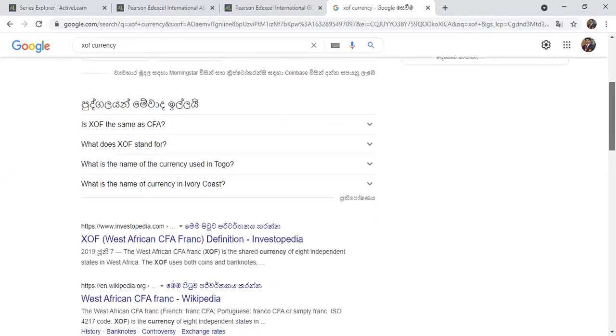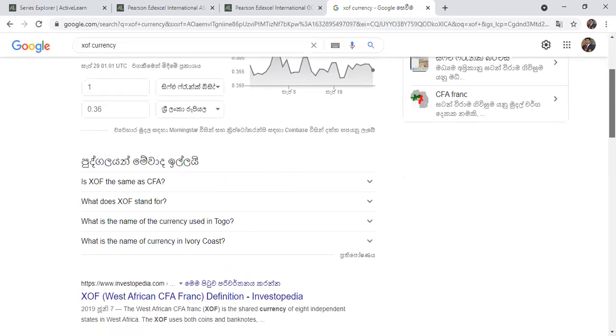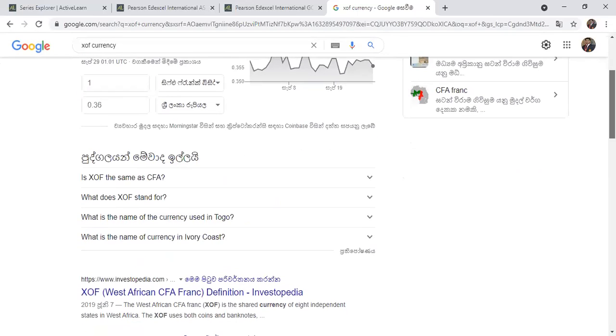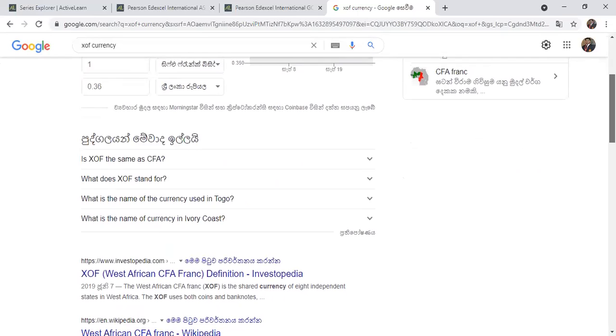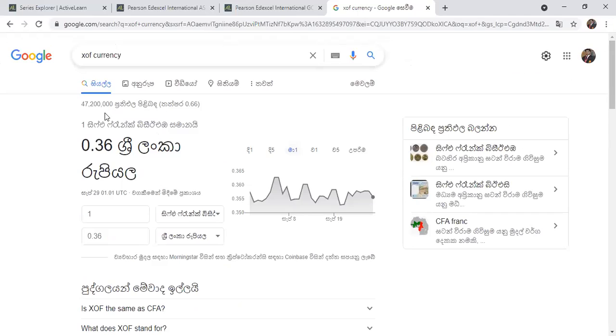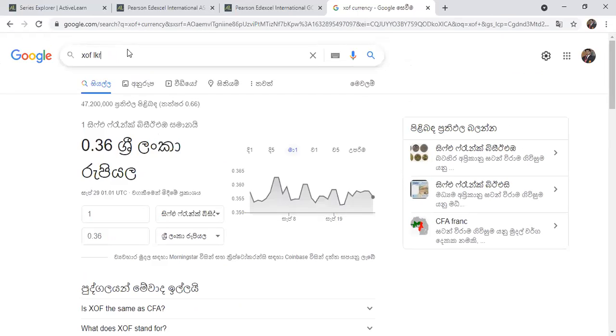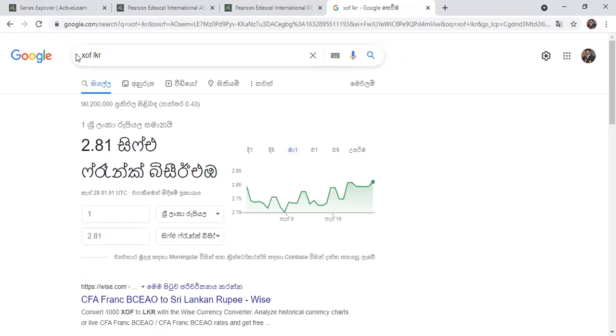You should know that, it's knowledge, not only calculation. You can see what this currency stands for: the Western African CFA franc. If you convert this currency to LKR, Sri Lankan rupee, one Sri Lankan rupee equals 2.81 XOF.